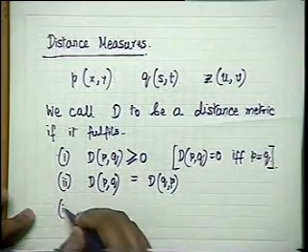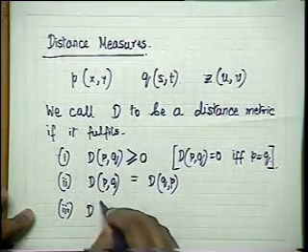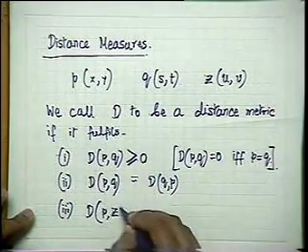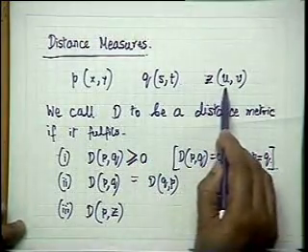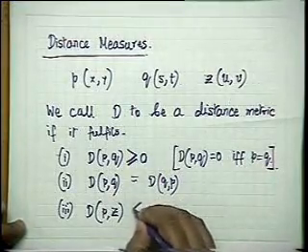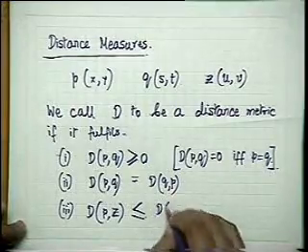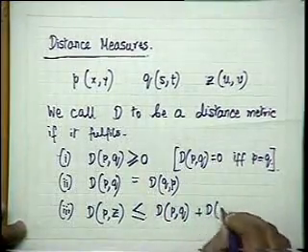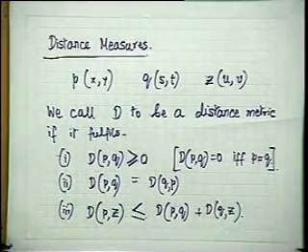The third property is that the distance measure between P and any other point Z, which I have defined over here having coordinates u, v, should be less than or equal to D of PQ plus D of QZ.